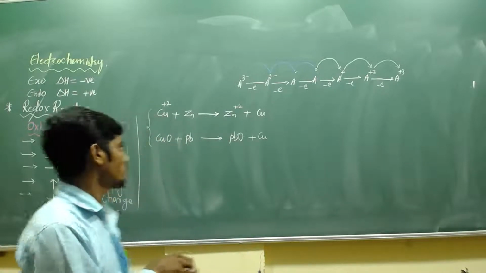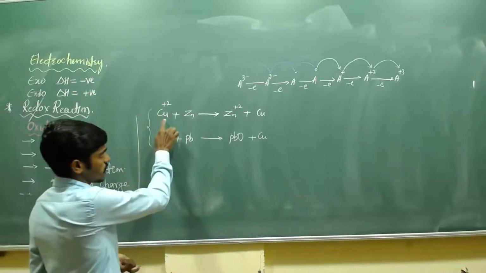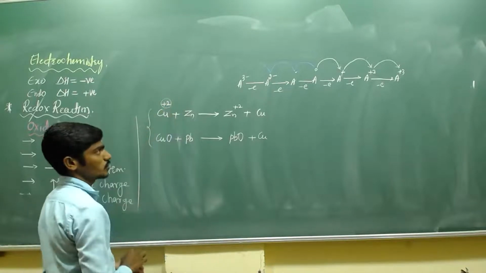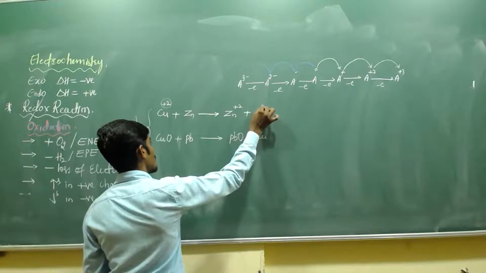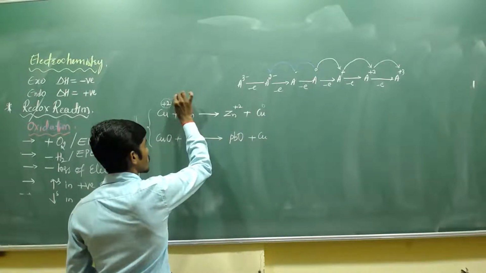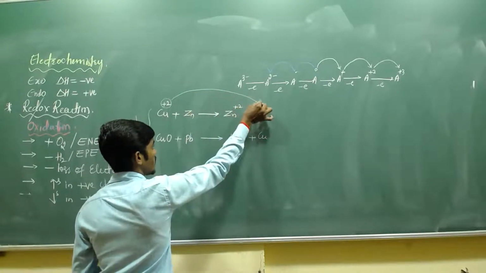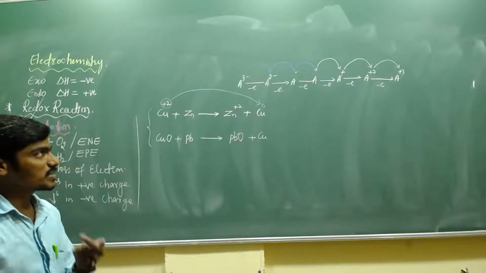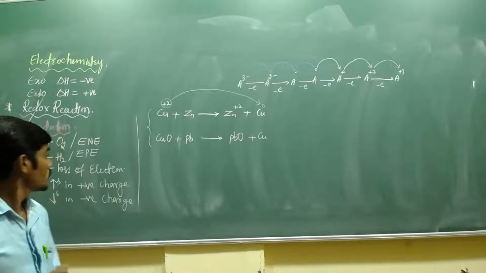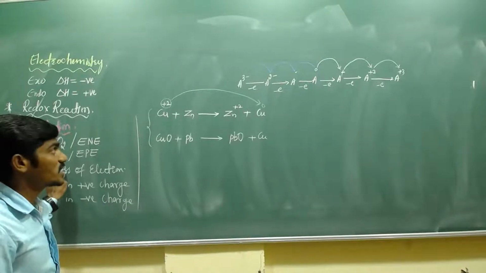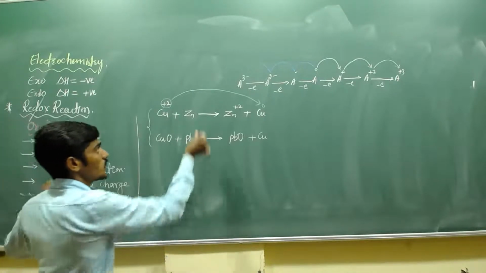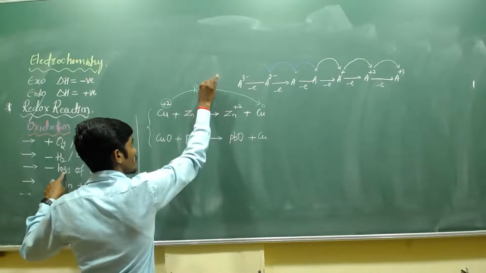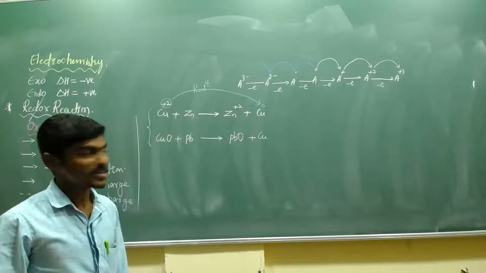Okay, so now consider the first reaction. What is the charge on copper? It is +2. On the product side, what is the charge? 0. Look at it: positive charge decreases. Positive charge decreases means gain of electrons. Gain of electrons is called reduction. So this undergoes reduction.